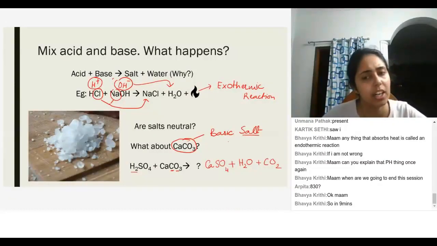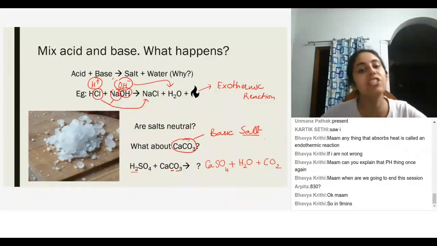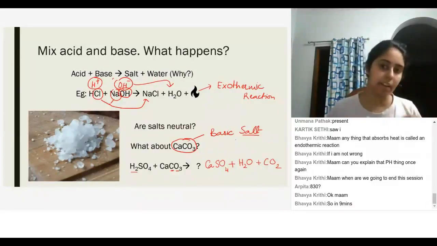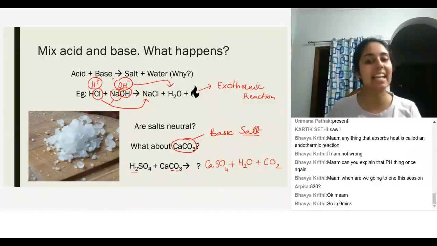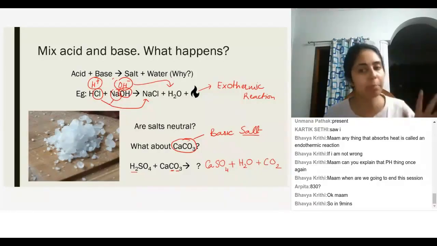Does that make sense to you? A base always has OH minus ions, but this is a salt, which is bitter, which is slippery. Yes, exactly. So it's like a salt has a characteristic of a base. It only has that a little bit, not much.